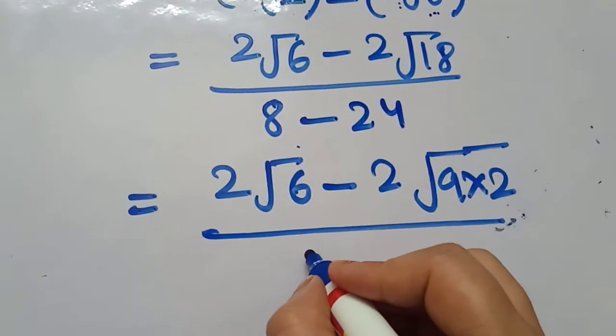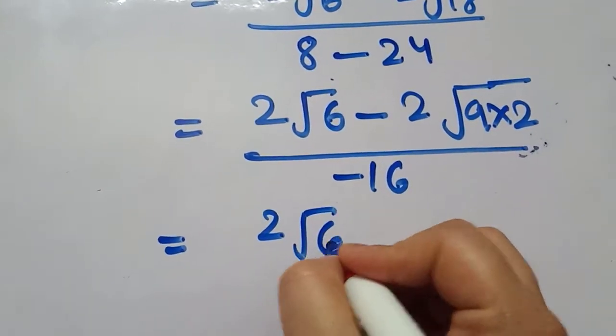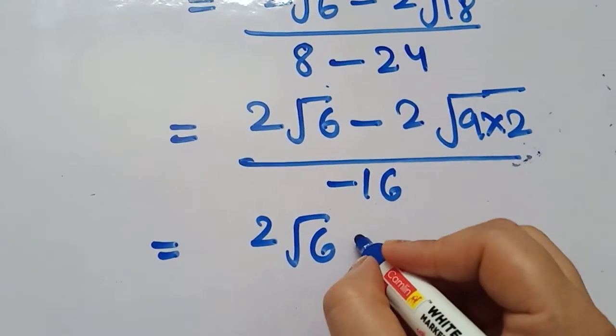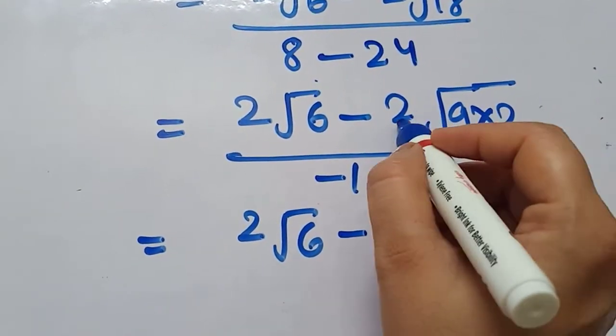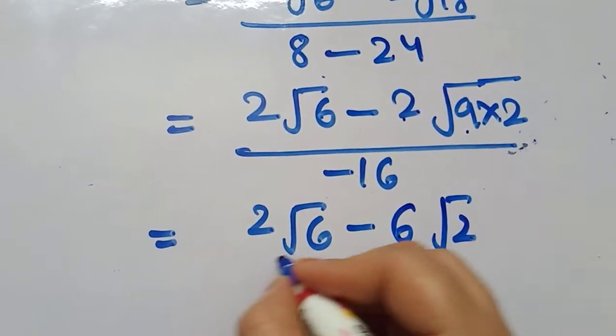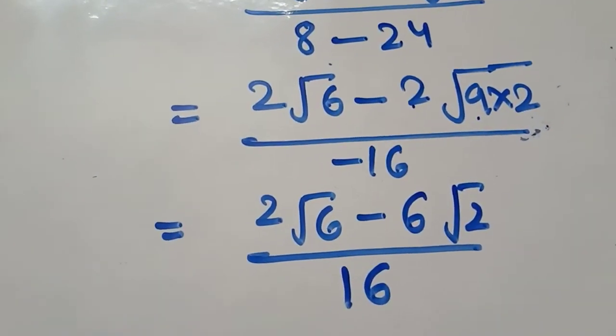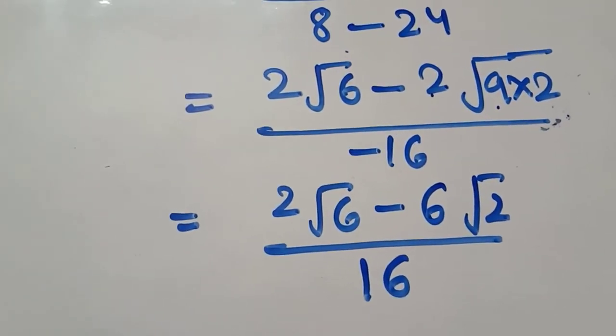Here we get minus 16. We will take 3 outside. We will get 6 root 2 upon 16.